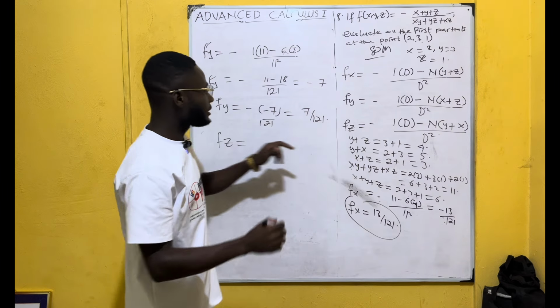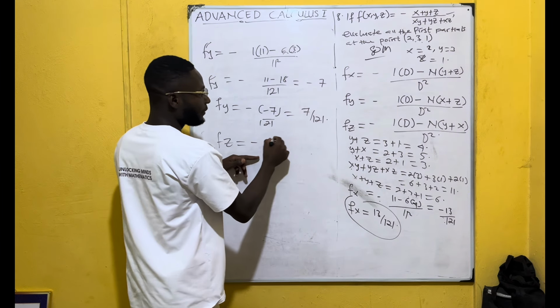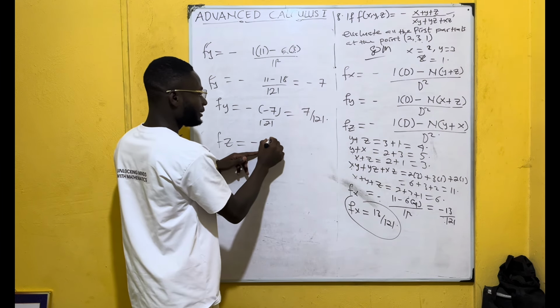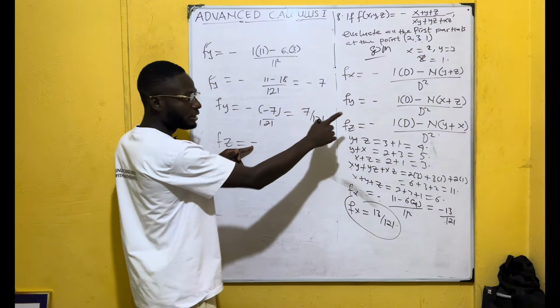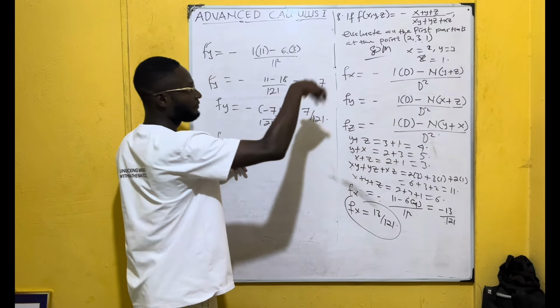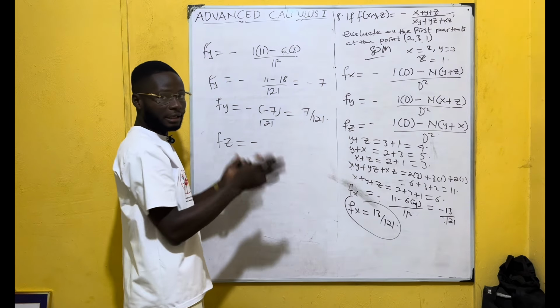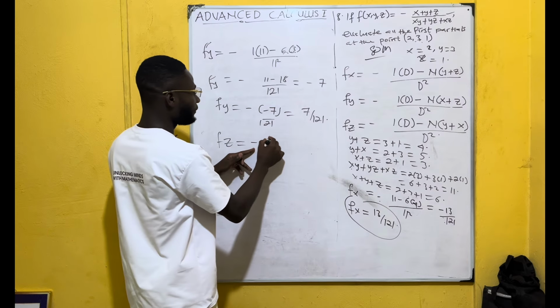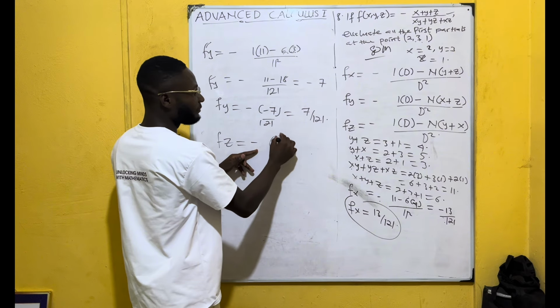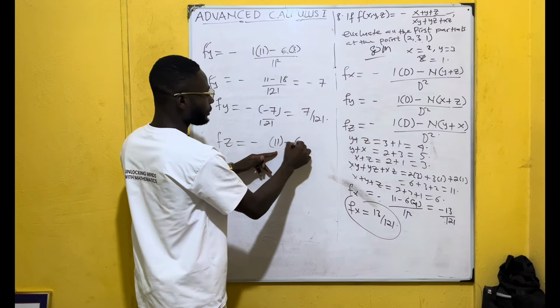Fz here is negative, big negative, right? The negative is not affecting only the first expression. It's affecting the whole expression. So we have the denominator is 11 minus the numerator is what? 6.